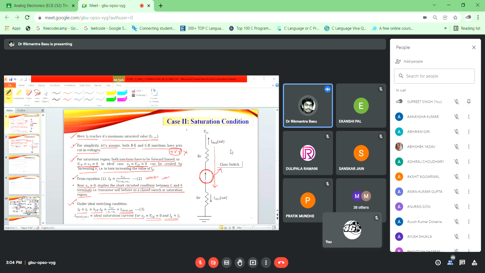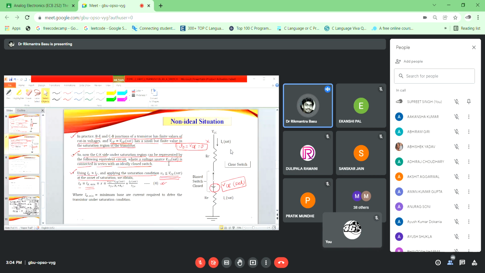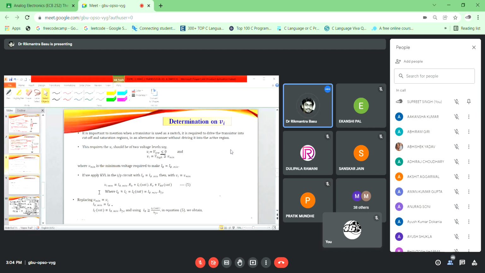So equation 4 is the non-ideal version of equation 2, where IB minimum is the minimum base current required to drive the transistor under the saturation condition. This is one design aspect in the non-ideal situation, the IB minimum, which we have to take care of while designing a transistor as a switch.